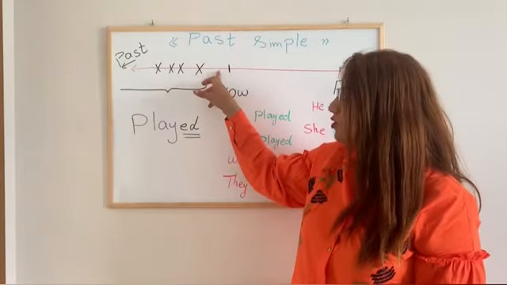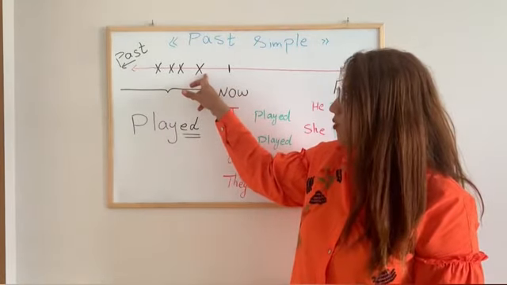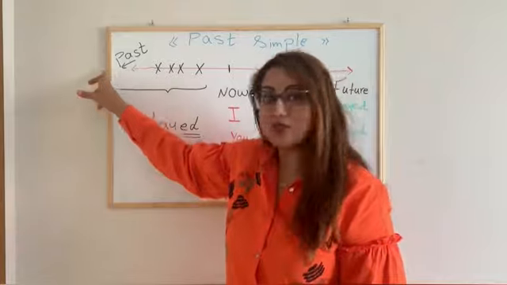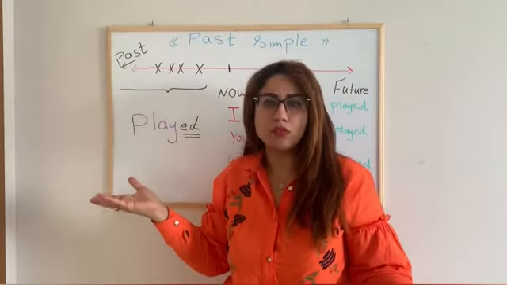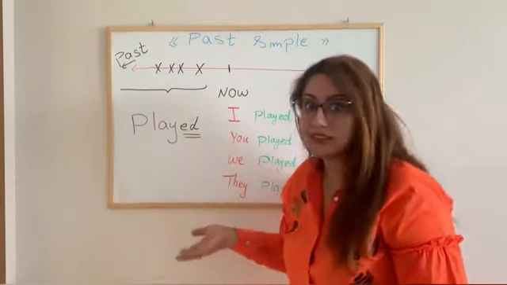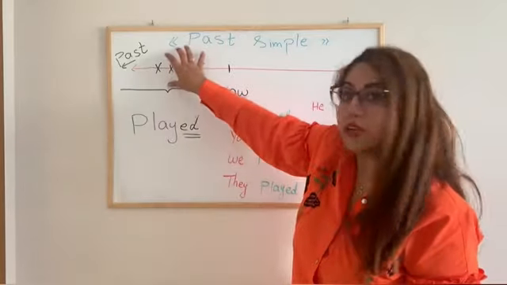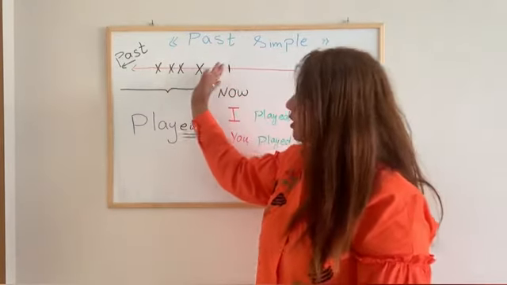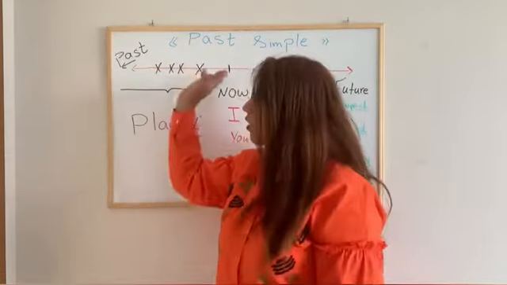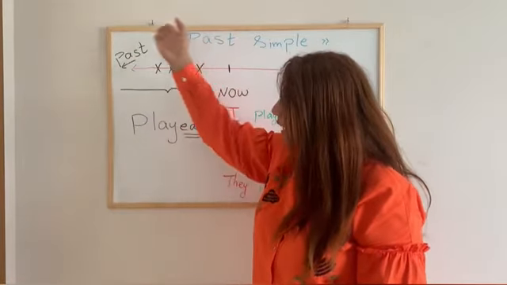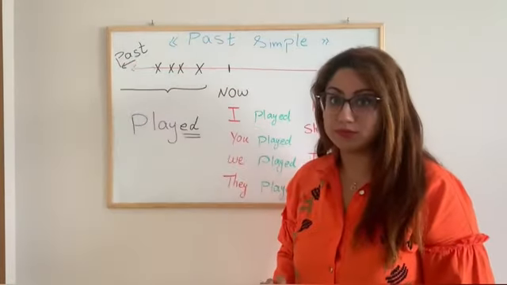Here it can be yesterday, 5 days ago, 10,000 years ago, what happened in the world, what happened in this country, last week, previous month, all of them can be gathered here in past simple.